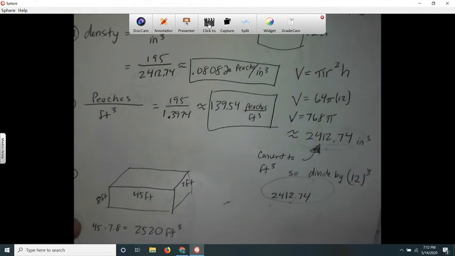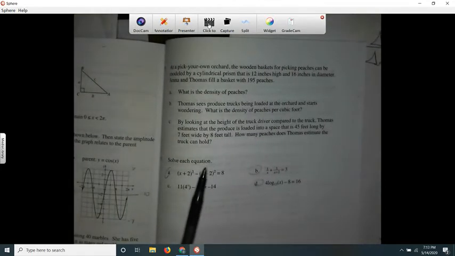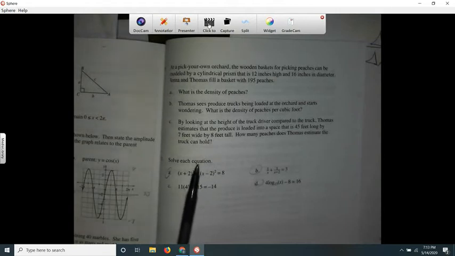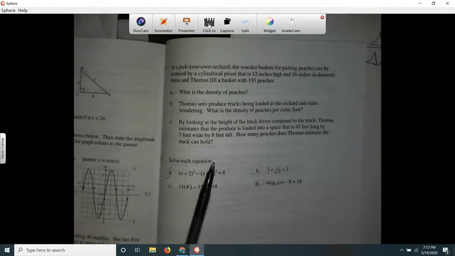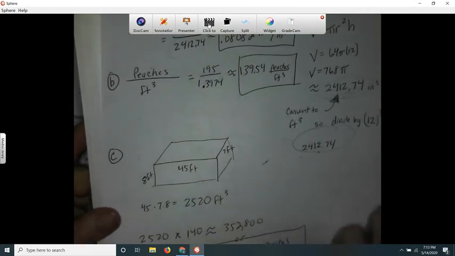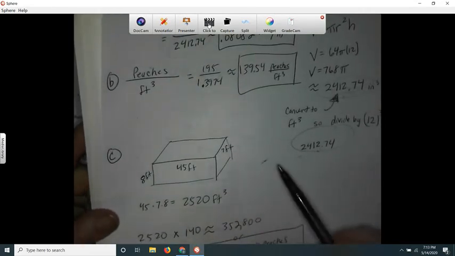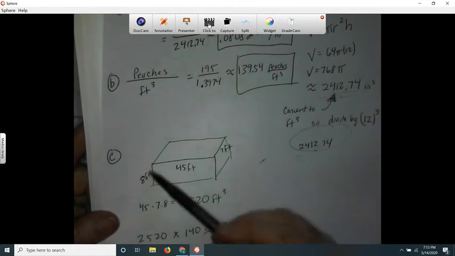And then letter C says, by looking at the height of the truck driver compared to the truck, Thomas estimates that the produce is loaded into a space that is 45 feet long by 7 feet wide by 8 feet tall. How many peaches does Thomas estimate the truck can hold? I drew a picture of the space inside the truck: 45 feet long, 7 feet wide, and 8 feet high.